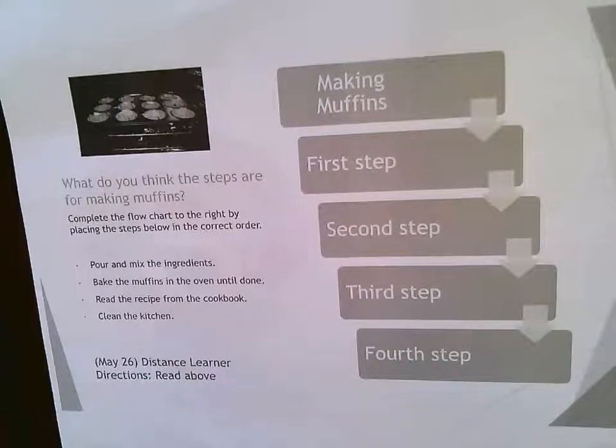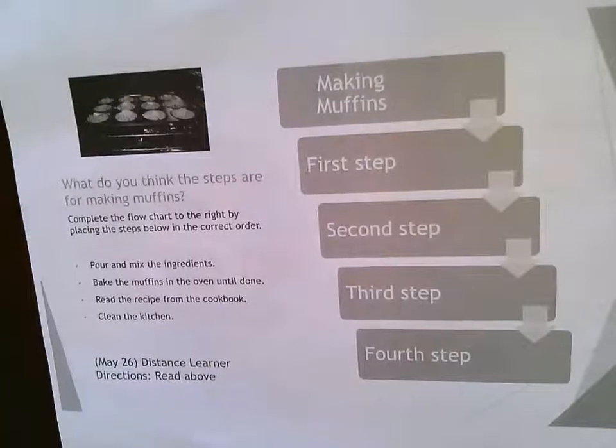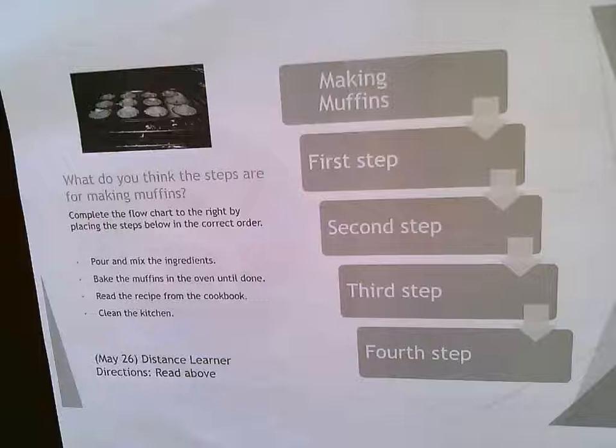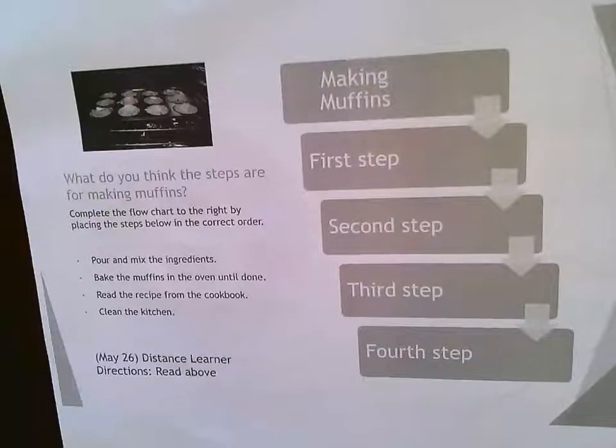So a sequence is an order that we would follow. And so a recipe is one example of something we could write a sequence or a set of steps to follow. It doesn't have to be a recipe to do a sequence paragraph, but this is my example for our lesson about what a sequence paragraph may look like today, okay?